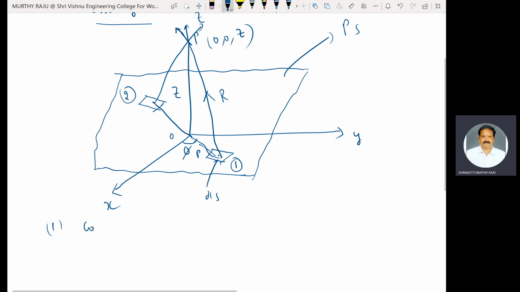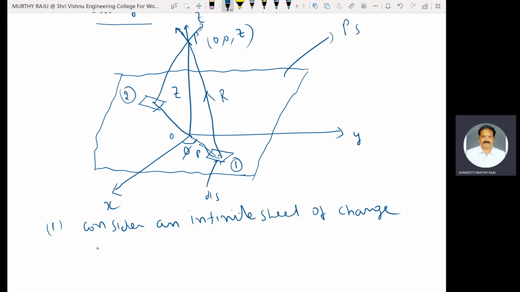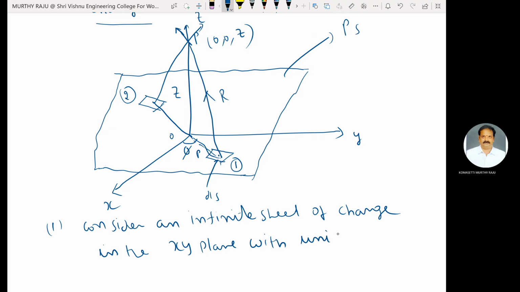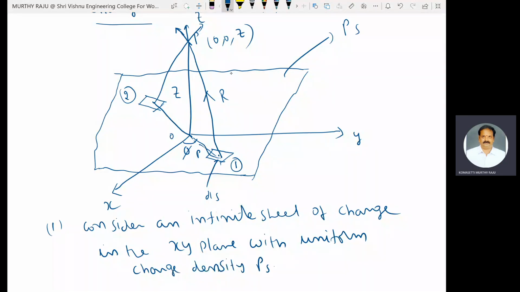Consider, first point, an infinite sheet of charge in the XY plane with uniform charge density rho s, as shown in the figure. The charge density is rho s, placed on the XY plane.